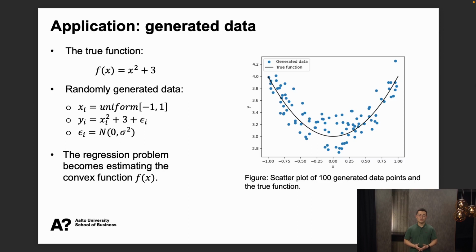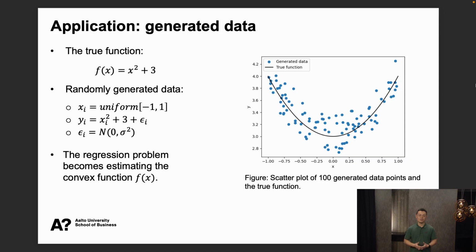Here I would like to show you an example by using the generated data, or the fake data. The benefit of using this data is that we have the true function. So here the true function is f(x) equals x squared plus 3. Then we randomly generate the data.